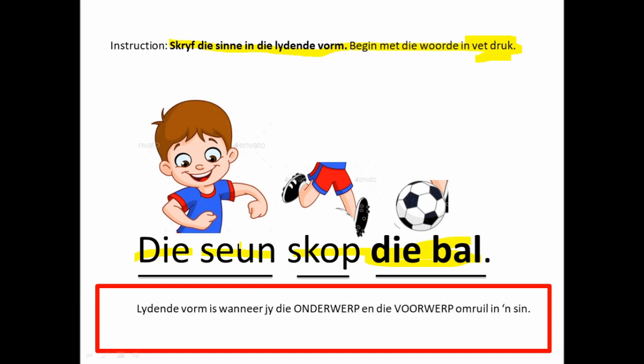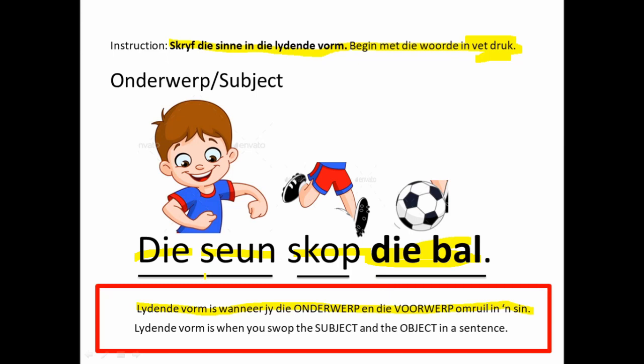But before we carry on, let's just see what is the definition of lydende vorm. Lydende vorm is wanneer jy die onderwerp en die voorwerp omruil in 'n sin. Lydende vorm is when you swap the subject and the object in a sentence.